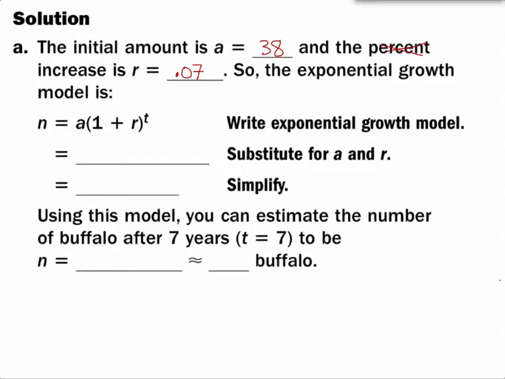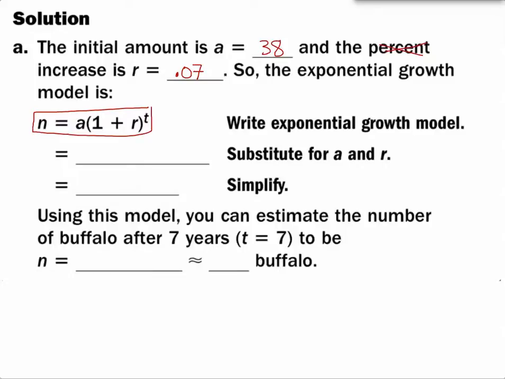So, the exponential growth model is, and this is a thing to know, this is very similar to something else that's going to come up on the very end of the page, but n equals a times 1 plus r to the t.